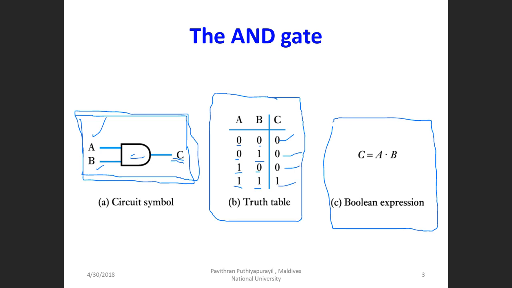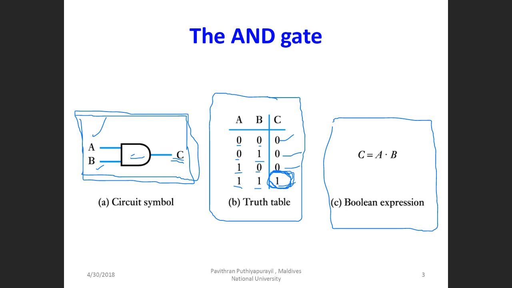आपको ट्रू वैल्यू कब मिल रहा है? When your output is 1, when both the inputs are equal to 1. In AND gate, you are getting output 1 if and only if both the inputs are equal to 1.